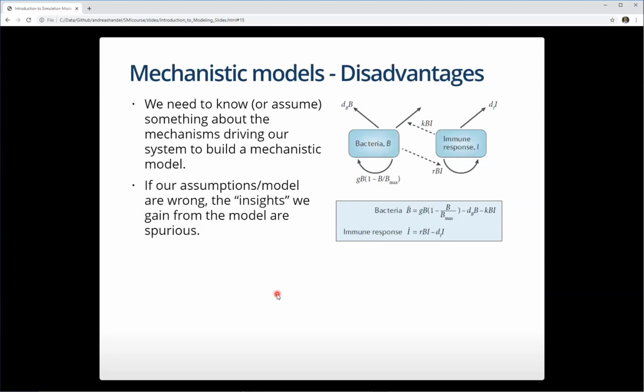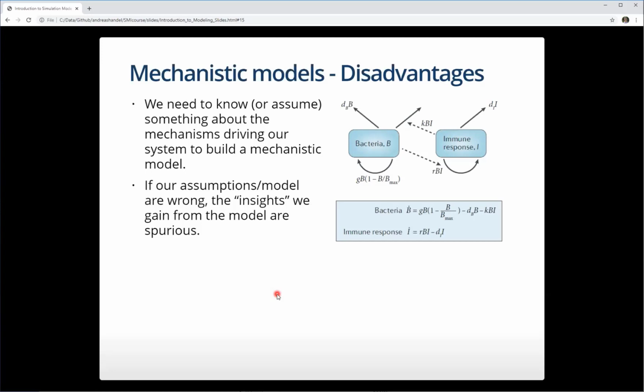The disadvantages are that, to build these kind of mechanistic models, you actually need to know, or at least assume, something about your system. So you need to be able to say, okay, these components are important, and this is how I think the components interact with each other. So if you don't have any knowledge about your system, usually when you're new and study a system for the first time, you'll probably first want to do the statistical modeling approach, the phenomenological one.